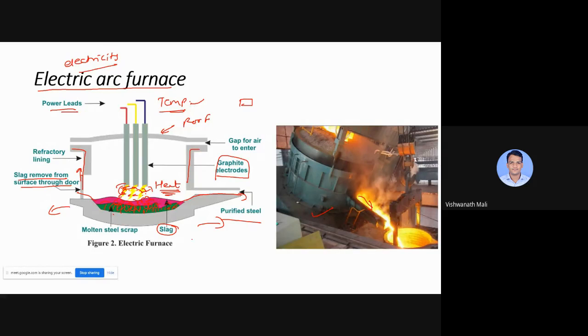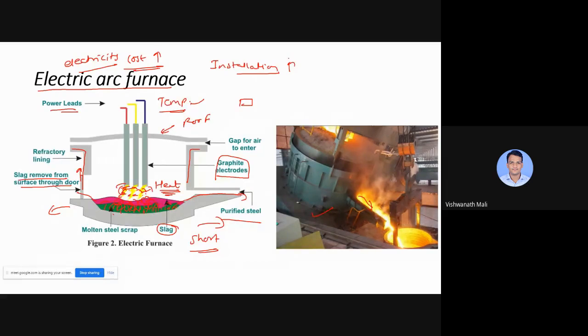Then, as I said, temperature control is the main advantage. And compared to the cupola furnace, the time required for getting the molten metal is short. And what are the disadvantages? Electricity cost is high. As it requires electricity, the electricity cost is high, and plus the installation cost is also high.